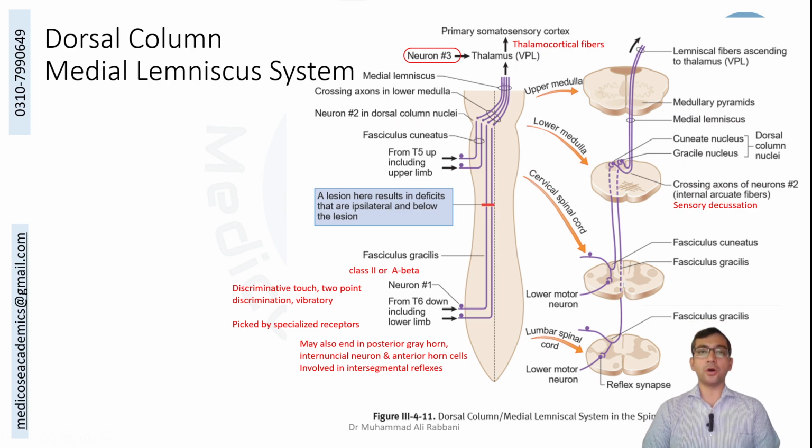So this is all about the dorsal column medial lemniscus system. Let me go through a very quick review. It started with the sensation of discriminative touch, two-point discrimination, localization, and vibration, carried by special receptors. The signal from the receptors was carried by first order neurons, whose peripheral process was class 2 or A beta type fibers.